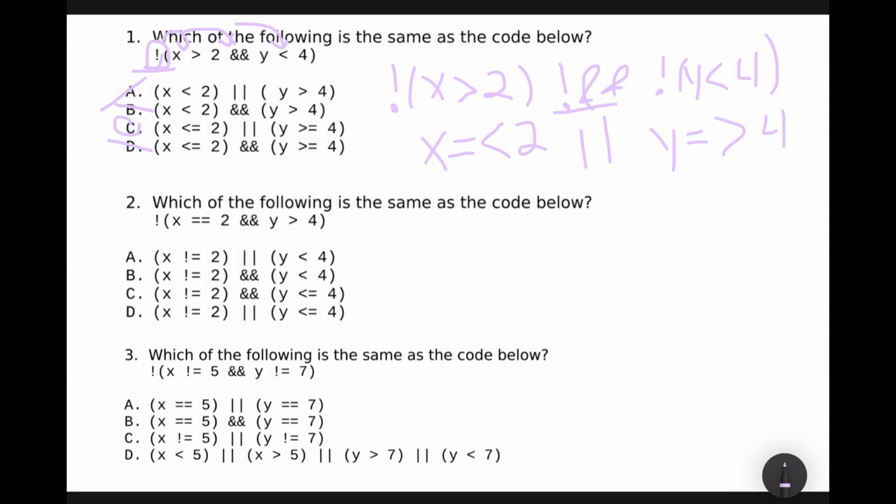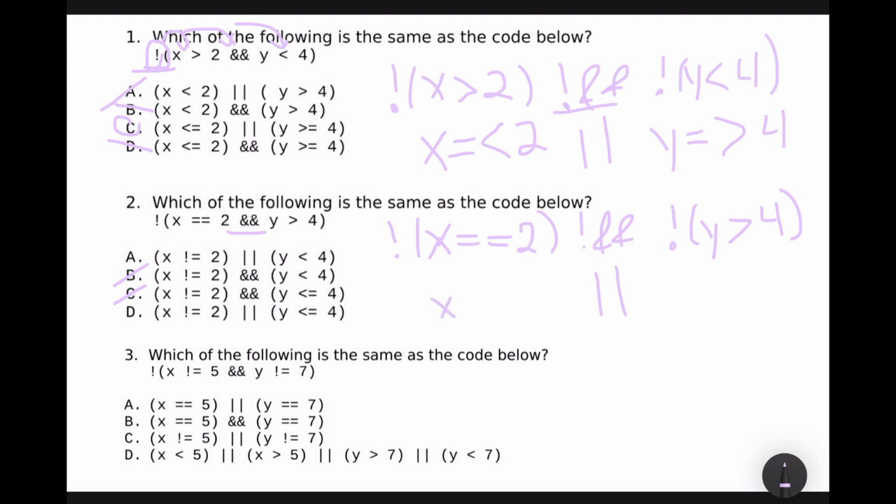Now let's go to the second question. Basically do the same thing and distribute it out. So x cannot equal 2, not and then... okay, so we know this is or, so we can cross out B and C. Now it's saying not x cannot equal 2, right?